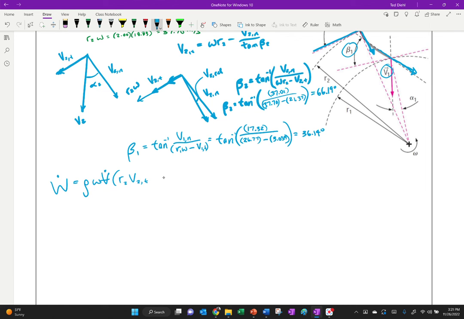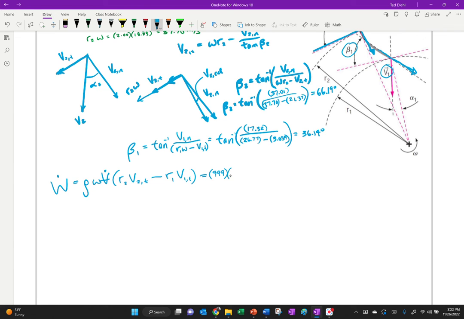And remember, that's the inlet, right? Minus R1V1T, the outlet. So the density of this, I'm going to go 999 kilograms per cubic meter for water.